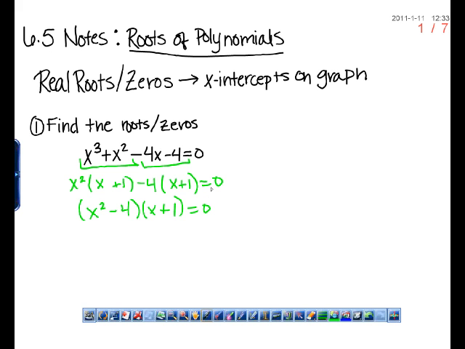Am I done? No, what can I do now? Not yet. Yeah, difference of squares. This turns into x plus 2, x minus 2. This turns into x plus 1.